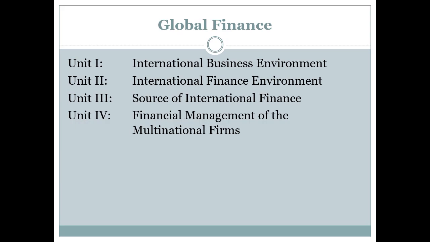If we carry on international business, if we switch over to multinational firms, or incorporate or run multinational firms, then how can we manage the finance of such types of companies? We will see here.